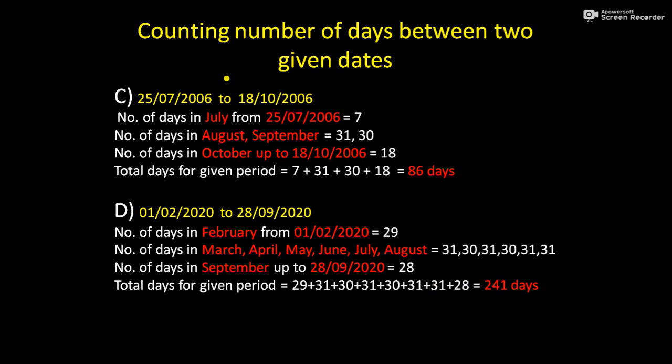Dear students, I want to tell you one thing: for finding the number of days for the ending date, we have to write this number. You see here it is 18, so the number of days up to this date in this month is 18. Here it is 28, so the number of days in September is 28.